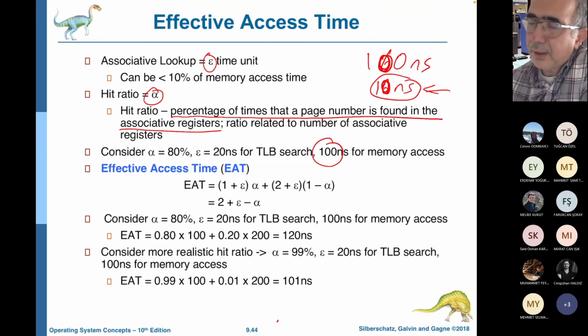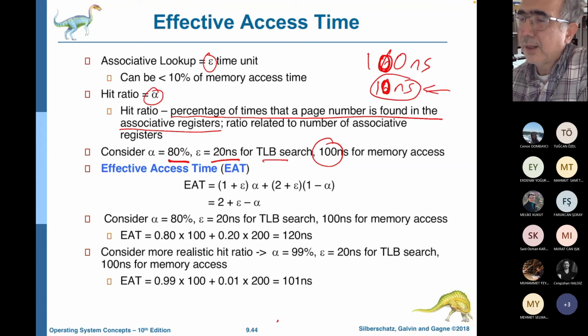Therefore, how much time is required with 80% hit ratio and 20 nanosecond for search? It is probability times this.